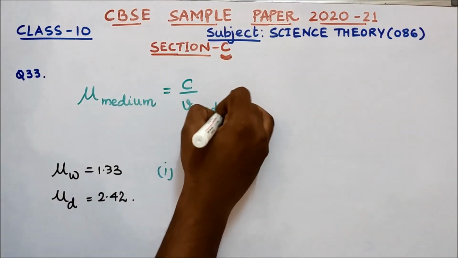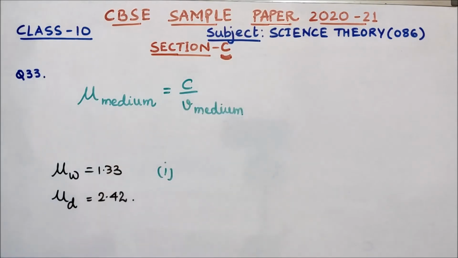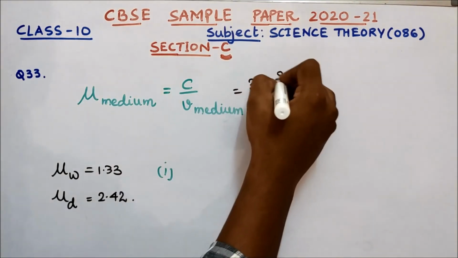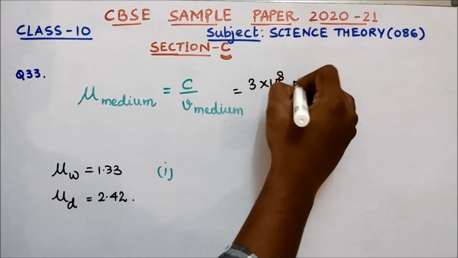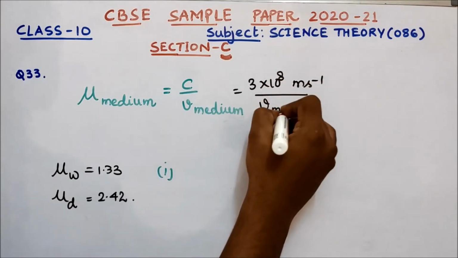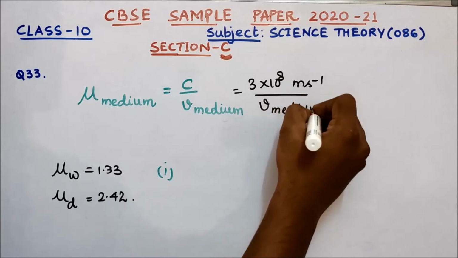C is the speed of light in vacuum. What is the magnitude of the speed of light in vacuum? It is 3 into 10 power 8 meter per second, and V medium changes with the medium. So this is the definition.